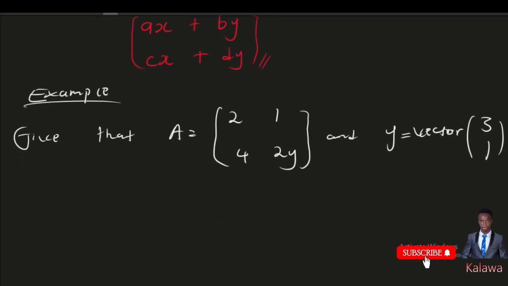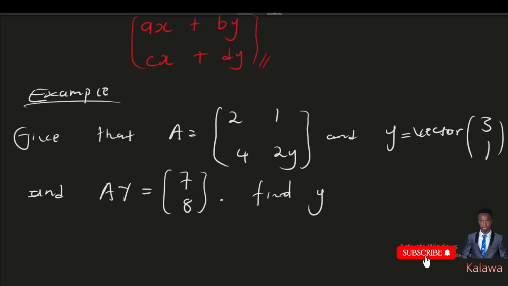I'm just forming this question. And AY equals (7, 8). AY is equal to (7, 8). And then I say find Y. So we are asked to find Y.